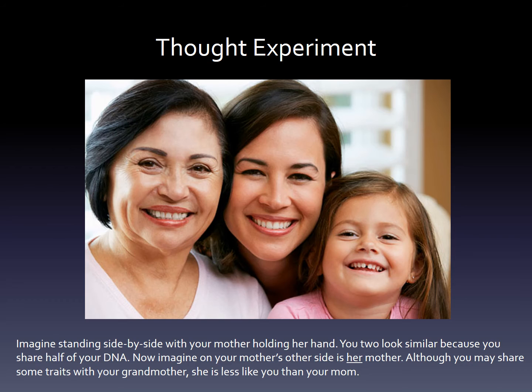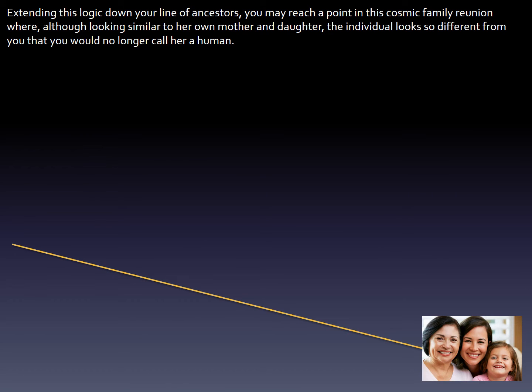Although you may share some traits with your grandmother, she is less like you than your own mom. Extending this logic down your line of ancestors, you may reach a point in this cosmic family reunion where, although looking similar to her own mother and daughter, the individual looks so different from you that you would no longer call her a human.